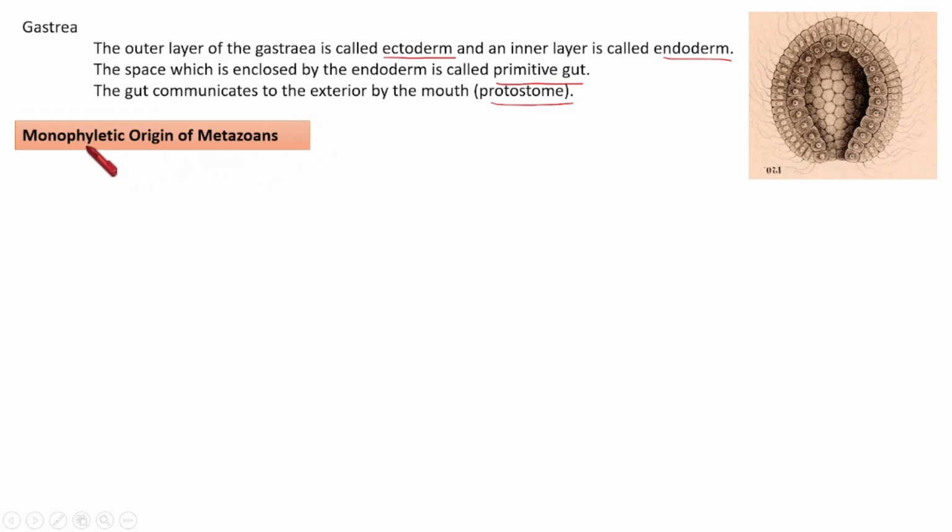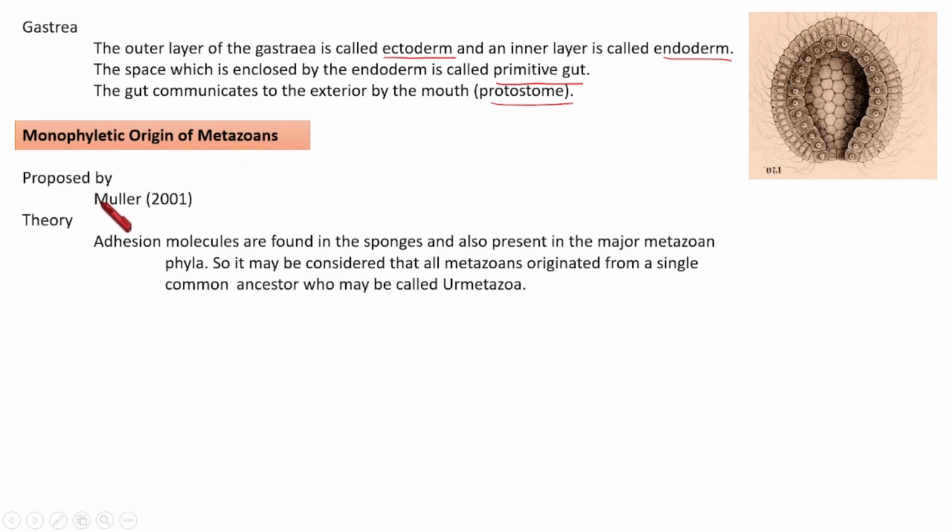Next theory, monophyletic origin of metazoans. Mono means from a single ancestor, all the metazoans have evolved. That is the theory. It is proposed by Müller in 2001. The theory is that certain adhesion molecules we can find in sponges are also present in major metazoan phyla.